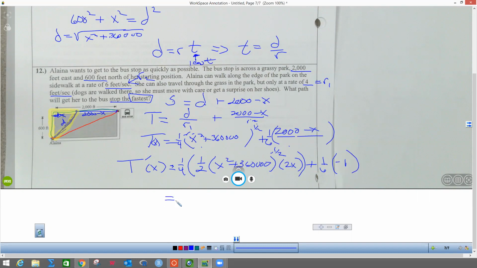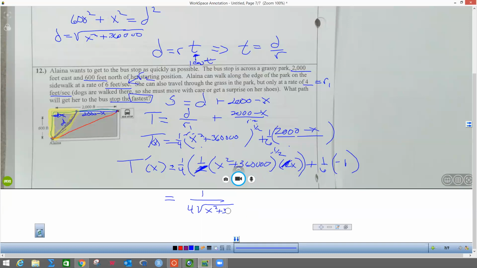So I'm going to try to simplify this mess a little bit here. I'm going to reduce this 2 with this 2. Those 2's will reduce. So this is going to go to the bottom, so I have 1/4, and down here, I've got the square root of x squared plus that.